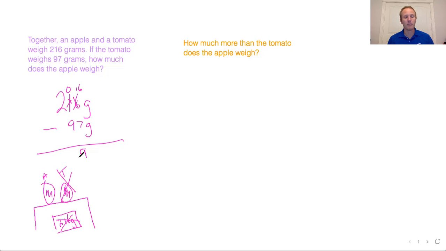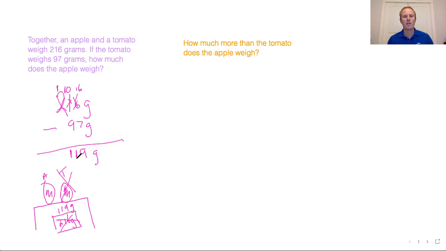0 minus 9, I can't do that. So I need to go to the hundreds and say take 2 hundreds and cross it out, leave 100 here and move 10 tens to the tens place. So now I have 10 tens minus 9 tens, gives me 1 ten. And then I have 100 minus 0 hundreds is 100. So I have 119 grams. So that would show that I would have 119 grams if I took that tomato off.